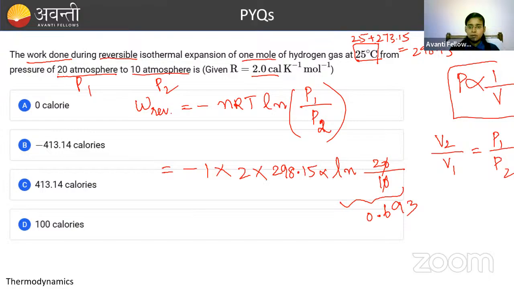You will get the work done W for reversible process, minus 413.14 calorie. Option B is the correct answer. Clear? Yeah. Option B is the correct answer for this question.